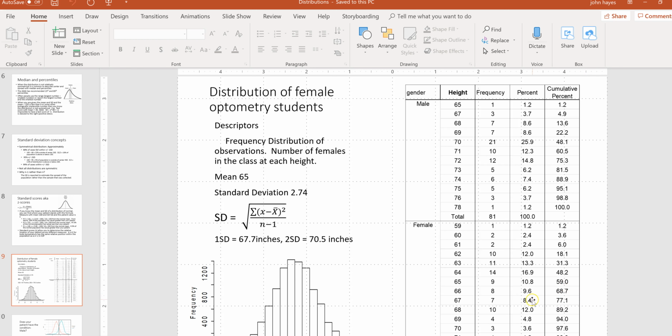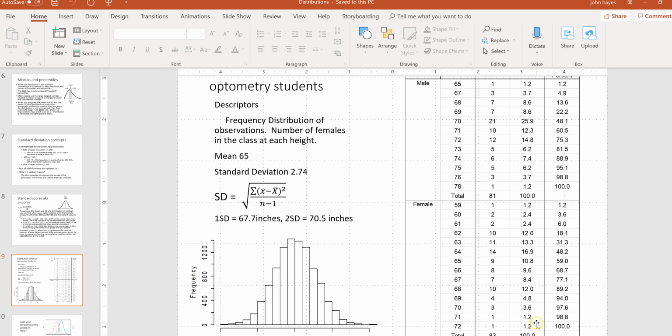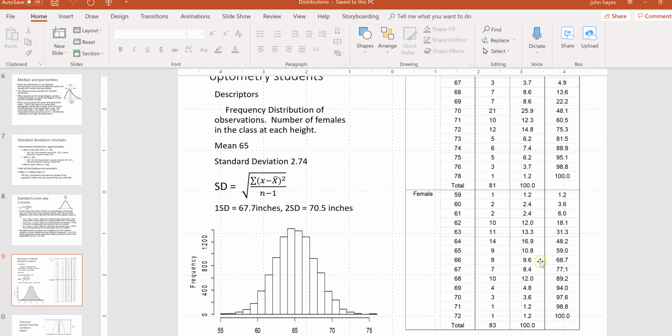We could add all the percentages, 67, 68, 69 inches, 70 inches, 1.2, 1.2. And this sum is all the women that are taller than 66 inches, and that's the percentage that will be misclassified if you say you're taller than 66, you're a male. So it's really not a good idea to do that.